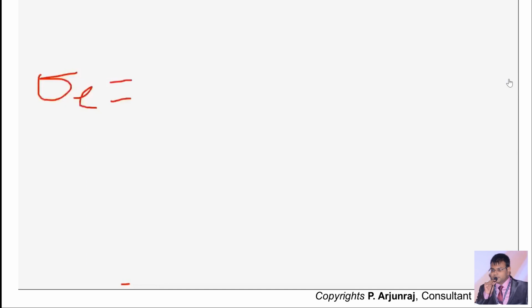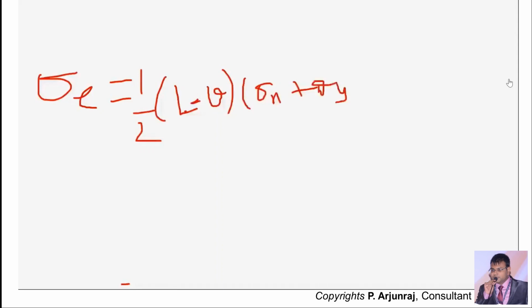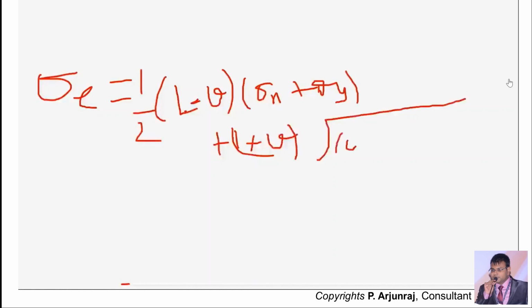According to this theory, the formula is going to be 1 by 2 into 1 minus Poisson ratio, which is also been given, into sigma x plus sigma y, plus 1 plus Poisson ratio into root of sigma x minus sigma y the whole square plus 4 into tau xy square.